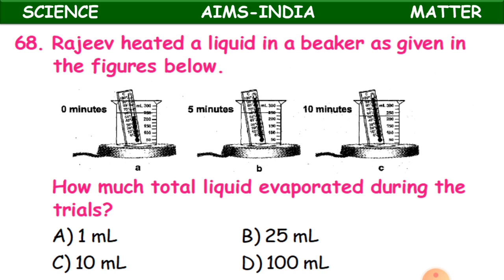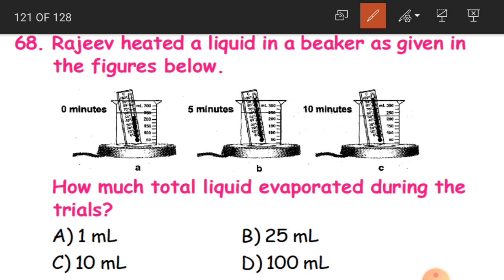68th question. See here. Rajiv heated a liquid in a beaker as given in the figures below. How much total liquid evaporated during the trials? See here, A, B and C. These are for every 5 minutes.